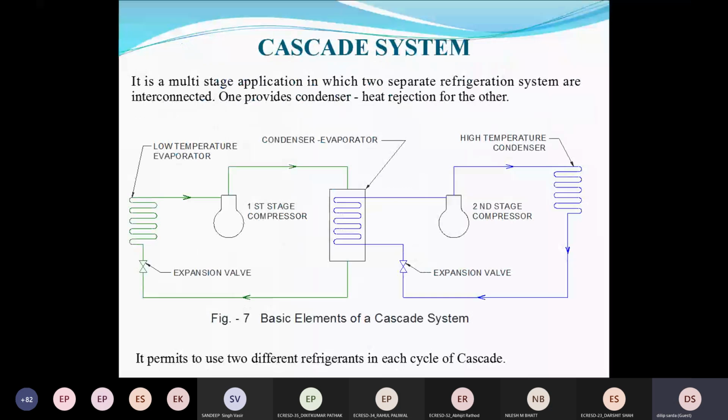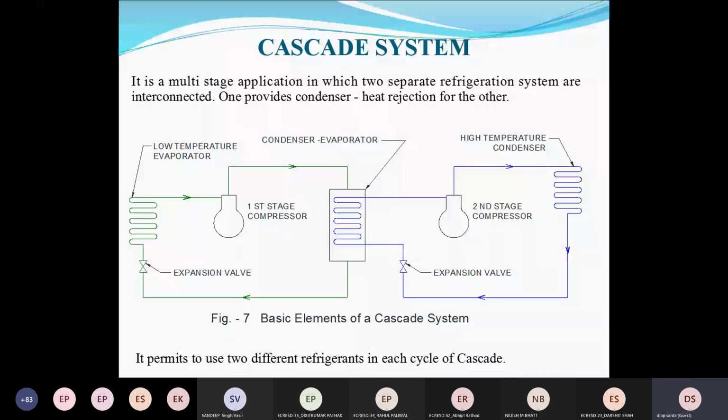Now, there is one more alternative available with us. When we want to achieve a low temperature in the room or the evaporator, that alternative is known as a cascade system.